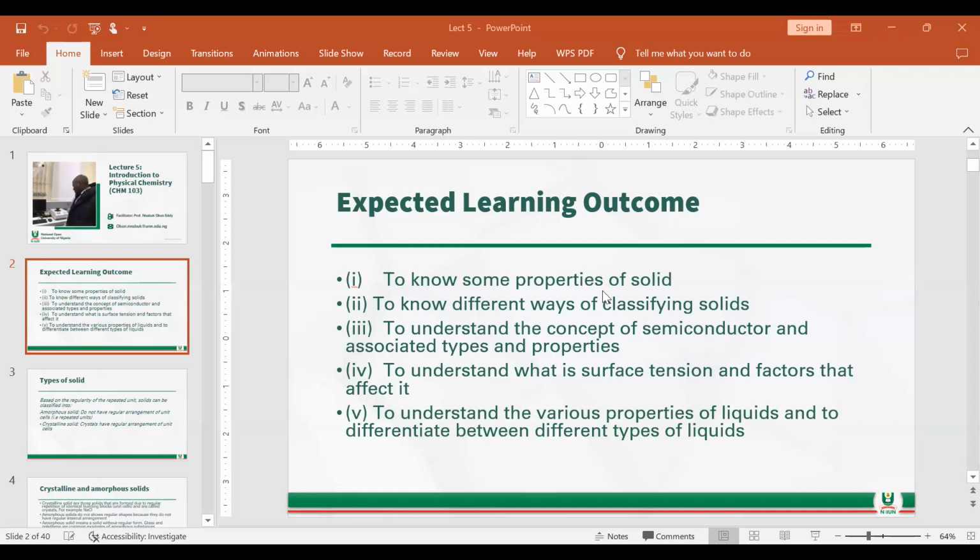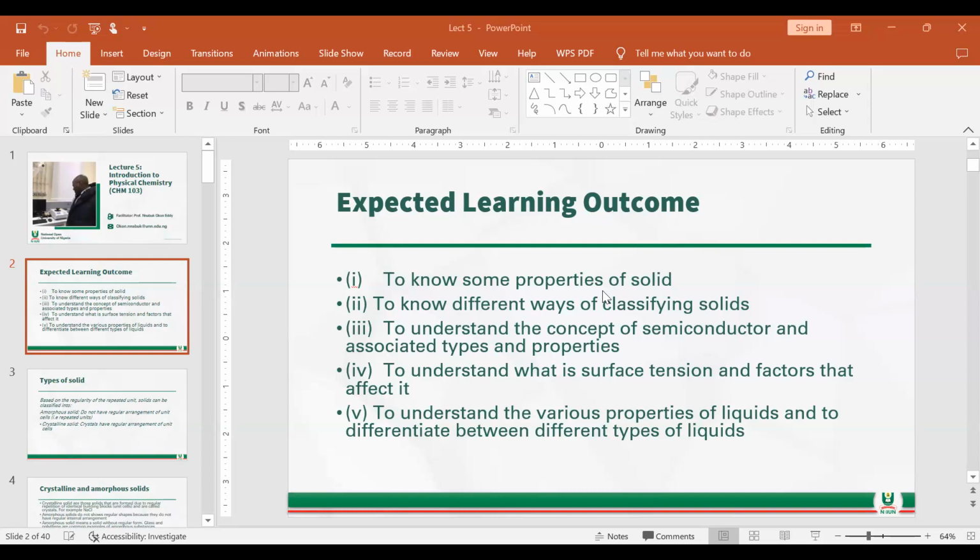And we'll look at solids. We'll try to see which solid is amorphous. What do we mean by amorphous solid? What do we mean by crystal? So we are going to look at those things, and we're also going to look at different ways of classifying solids, and we shall look at the way for semiconductors.